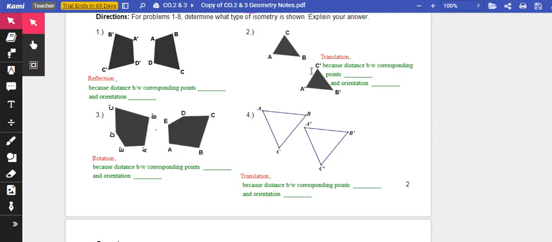Alright class, in this video we're going to go over some practice problems from our notes. Last time we picked out which type of transformation these were, whether they were reflections, rotations, or translations.